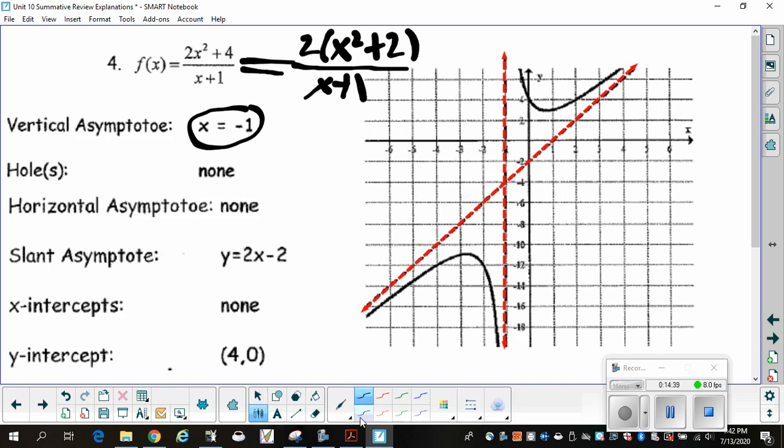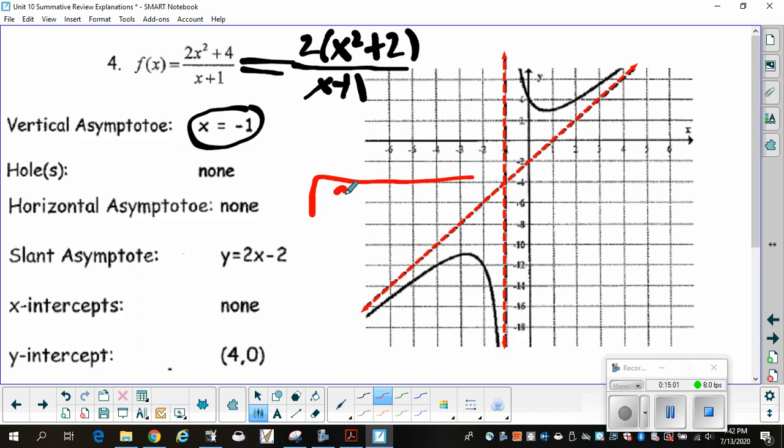And in fact, I do have a slant asymptote. Now this is where, if you are in regular algebra 2, you just say that there is no horizontal asymptote. If you're in algebra 2 trig, or in future years in advanced algebra, you're going to figure out a slant asymptote. To do that, you're going to do the long division.